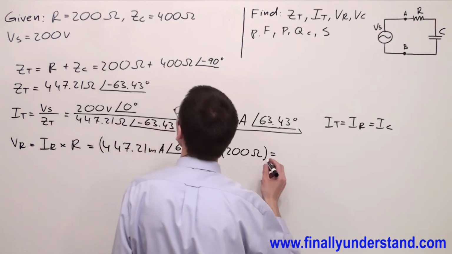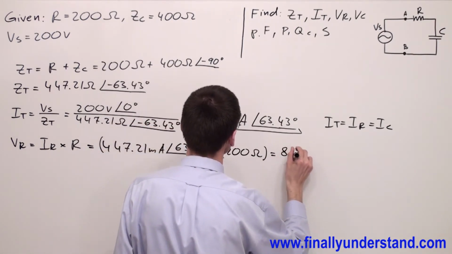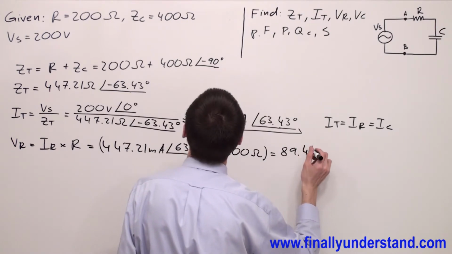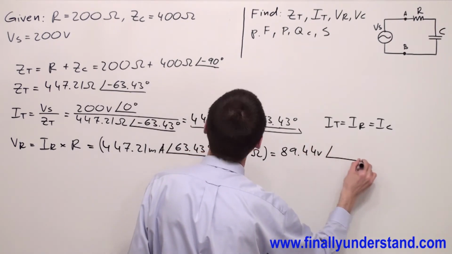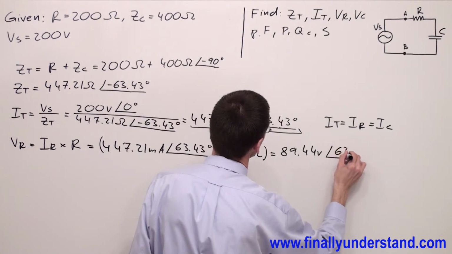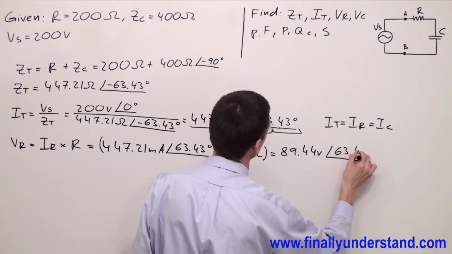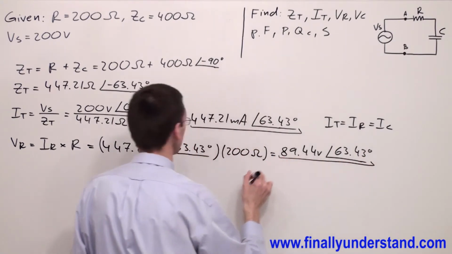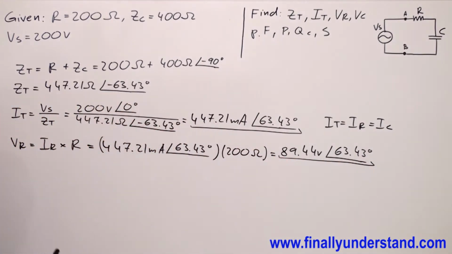This is equal to 89.44 volts, an angle of 63.43 degrees. This is the voltage drop across the resistor.